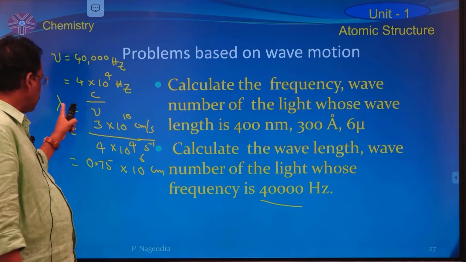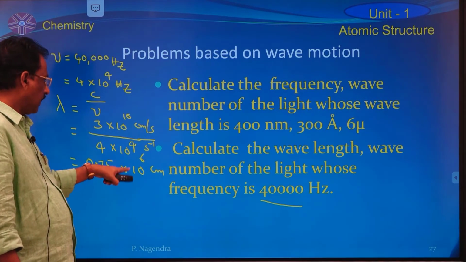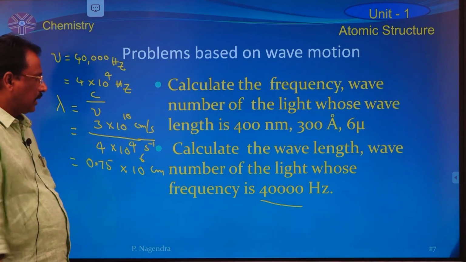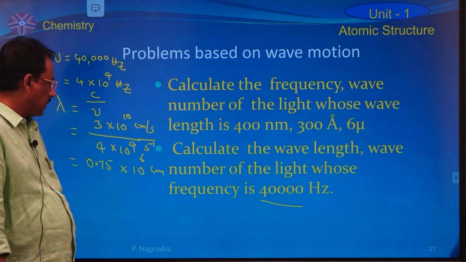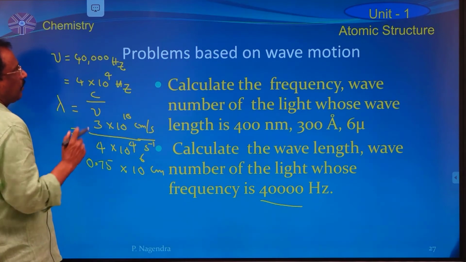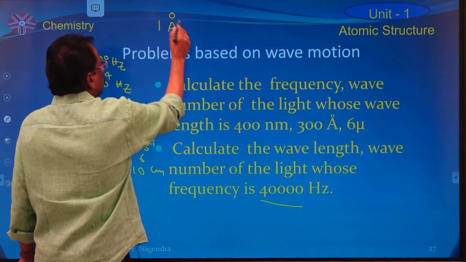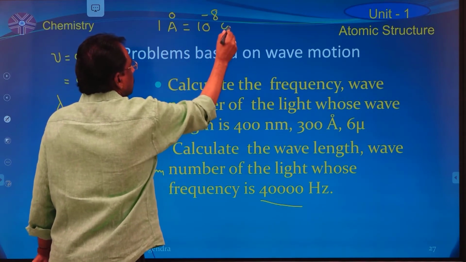In centimeter, this value is 0.75 into 10 power 6 centimeters. If you want to find the wavelength of the radiation in angstrom unit, convert the centimeters into angstrom by using this conversion.